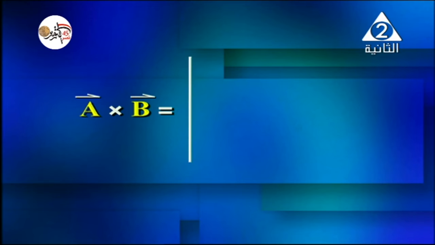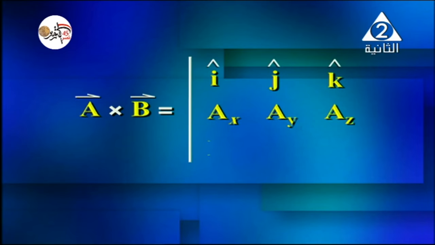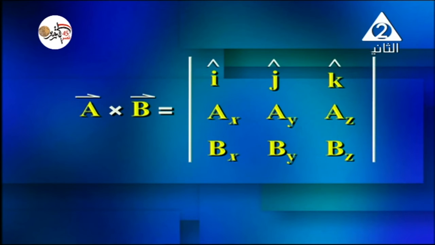By using determinant: a cross b equals the determinant with rows i j k, ax ay az, bx by bz. Then we have three components in i, j, and k.